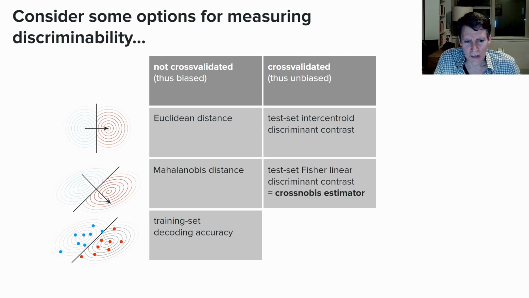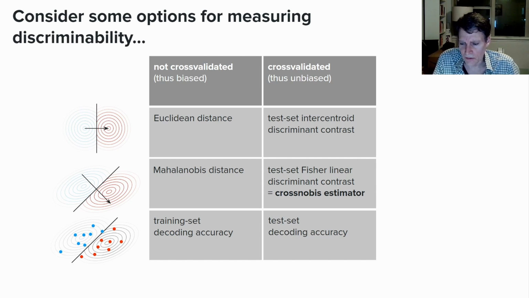We can also take the structure of the covariance into account and use the test set Fisher linear discriminant contrast, and that's the cross-Nobis estimator. And finally, we can use the test set decoding accuracy, and that's a very common procedure in computational neuroscience where people try to decode stimuli from brain activity patterns, and when that's successful, then they conclude that information about the differences between the stimuli must be present in the brain region whose responses have been used for the decoding.